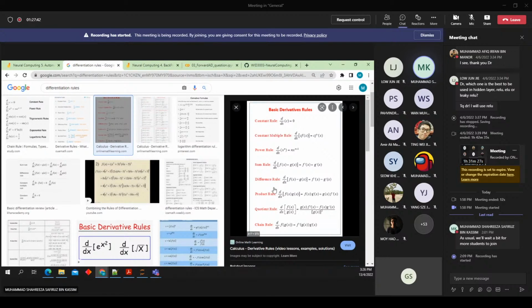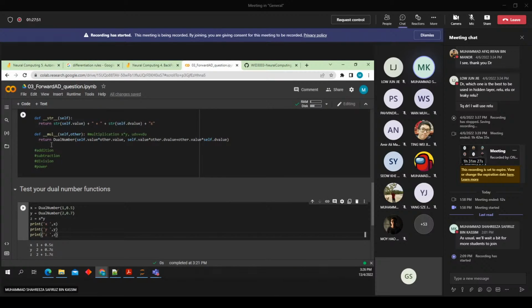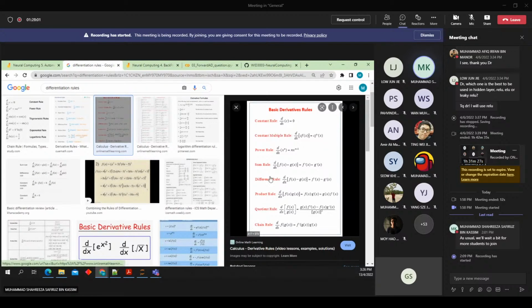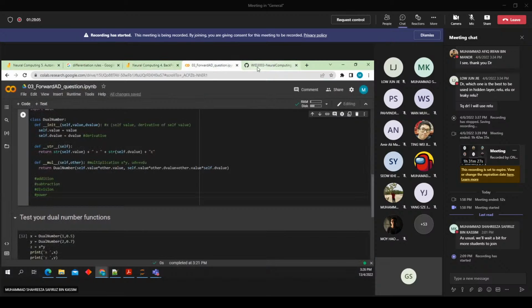So you are basically translating all this into here, so you're returning the number. For exponential or the power rule, it's a bit tricky. But you can do addition, subtraction, and division.